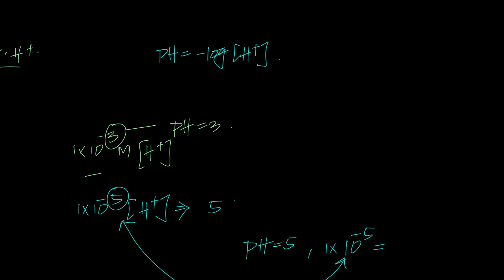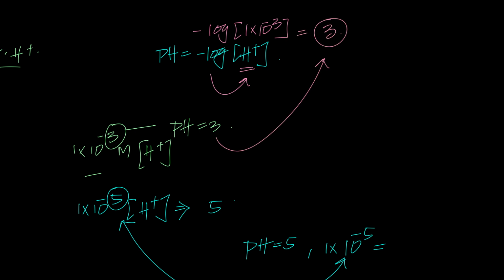So whatever concentration of hydrogen ions you have, just put negative log in the calculator. Let's suppose, for example, can you guys do negative log of 1 into 10 raised to the power minus 3 in the calculator? You'll see you're going to get a pH of 3 right here. And there's math involved behind it, but hey, that's the idea.